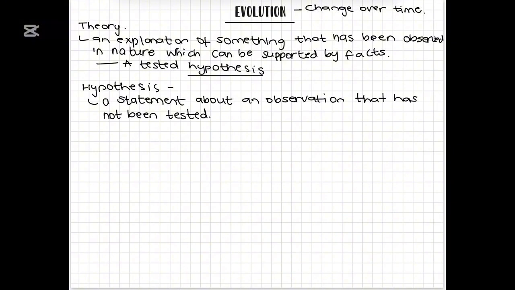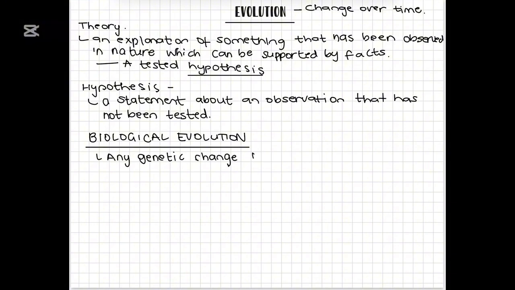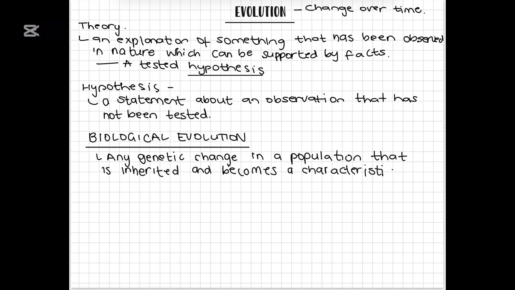Now, there's a key term that we call biological evolution. Biological evolution is any genetic change in a population that is inherited and becomes a characteristic of that population over several generations. Now, when you look at your definition, there's a term there, population.